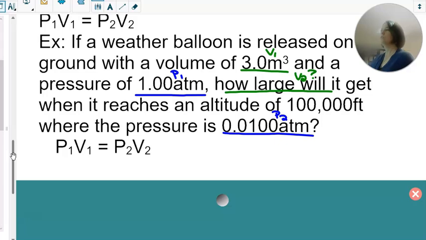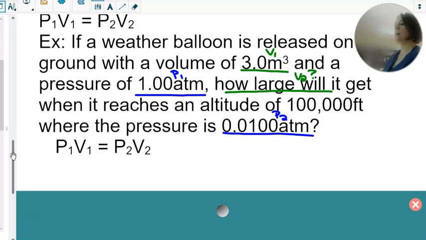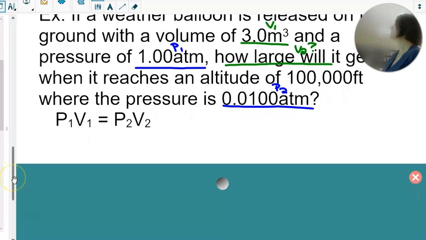If you want to write down what you know, kind of have it nice and organized, that's a good idea. I have the equation written down. Let's sub in our numbers. So make sure you have P1 V1 equals P2 V2.